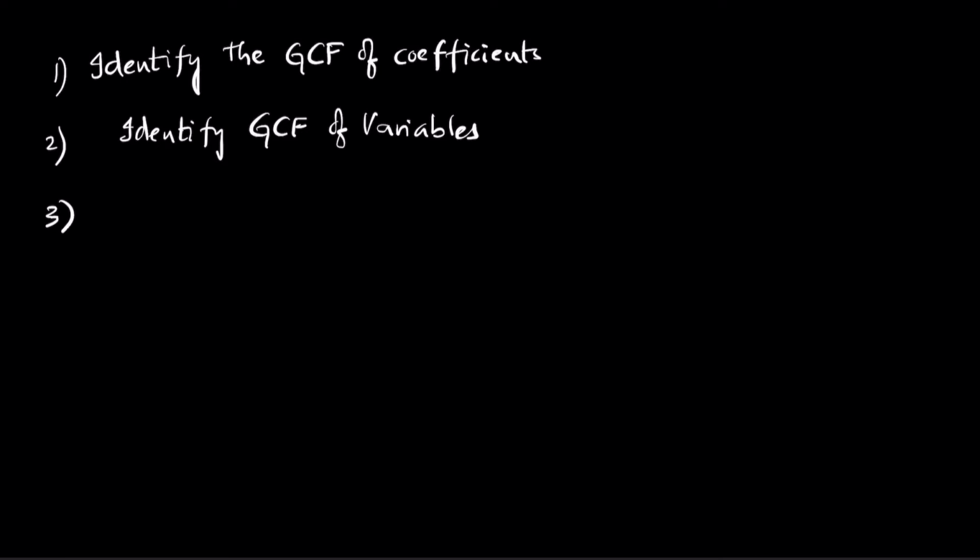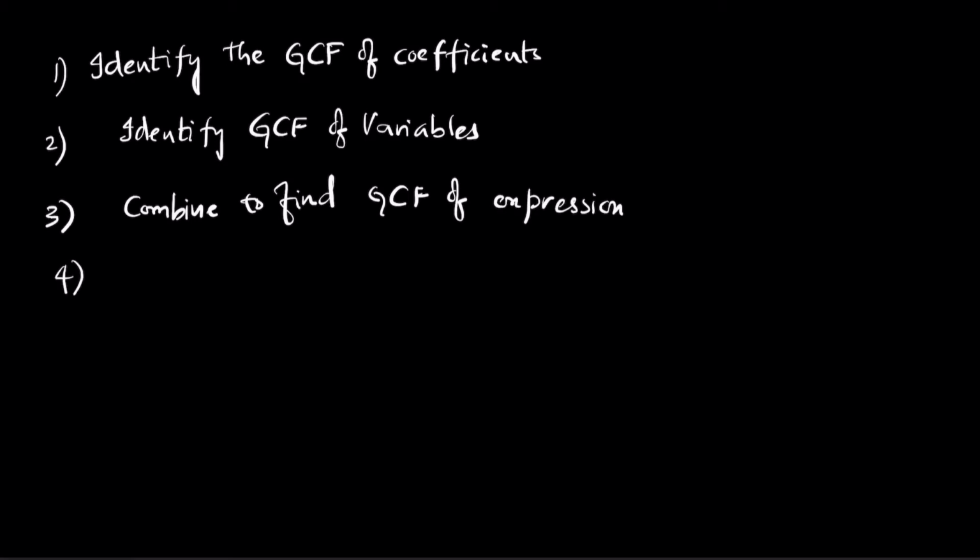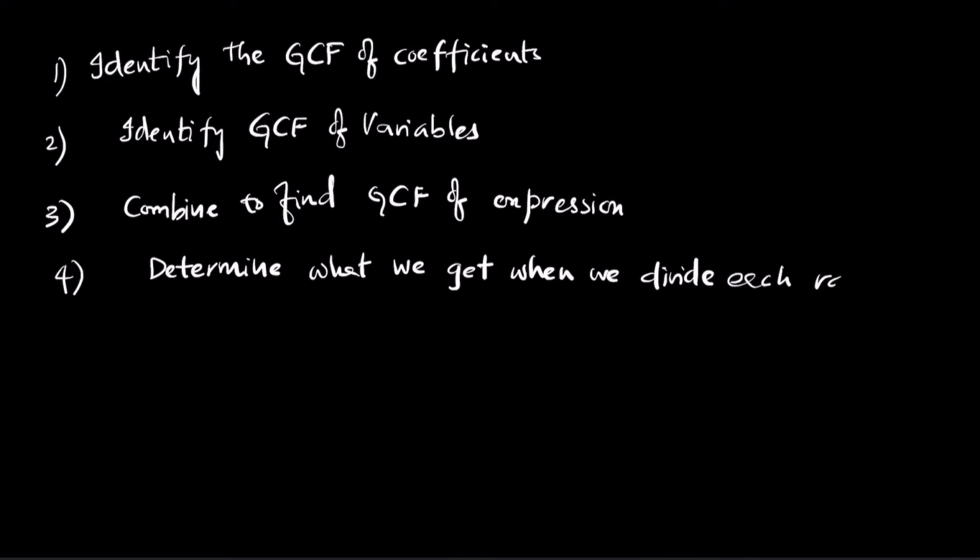Number 3 is to combine them to find the GCF of the expression. And number 4 is to determine what we get when we divide each monomial by the GCF, and finally write the factored expression.